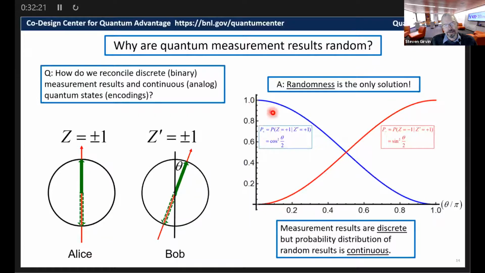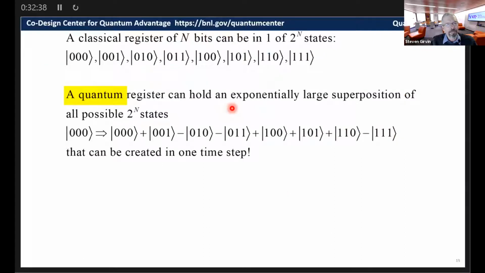So the only way to reconcile the discrete, binary nature of the measurement results with the continuous nature of the encodings is through continuously changing probability distributions, because there is randomness.